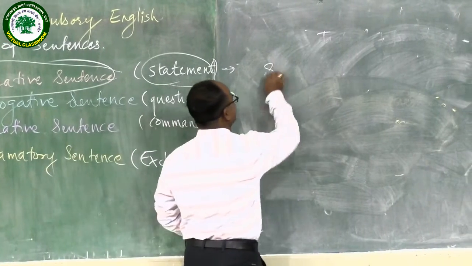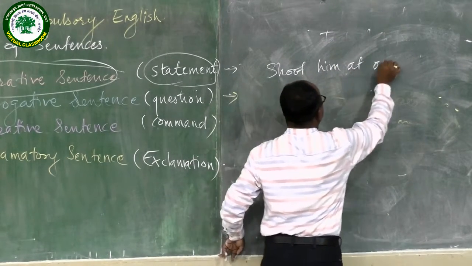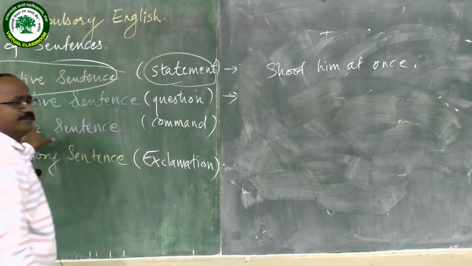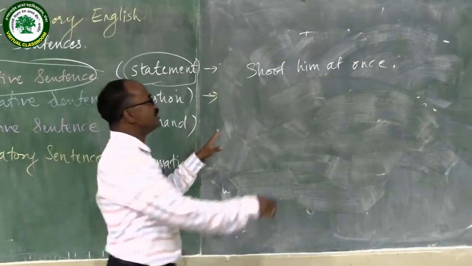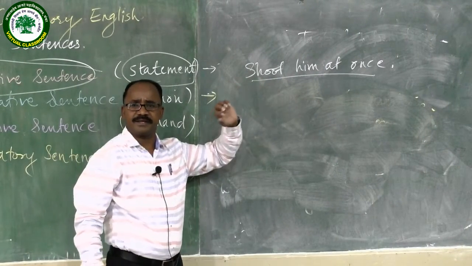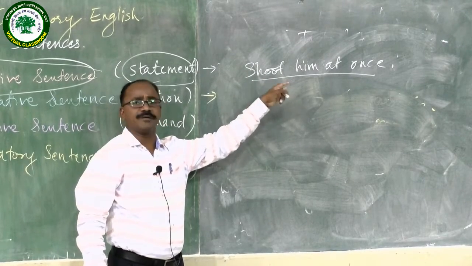Look at the sentence, shoot him at once. Now this is a kind of imperative sentence. Why is he saying so? Because he is ordering someone, the superior is ordering the junior, or his sepoy, or his soldier, that shoot him at once.